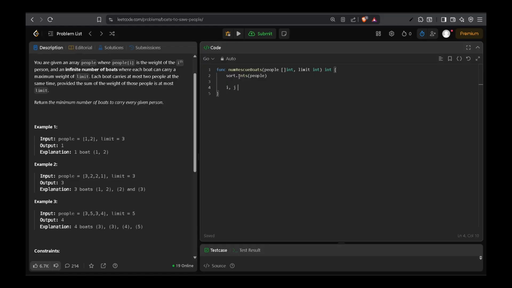Then we are going to take two pointers, i starting from 0 and j starting from the end, n minus 1, and n will be length of people. Then we're going to start a while loop, i less than equal to j.